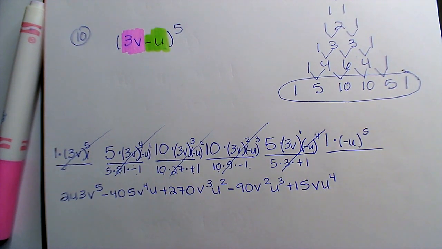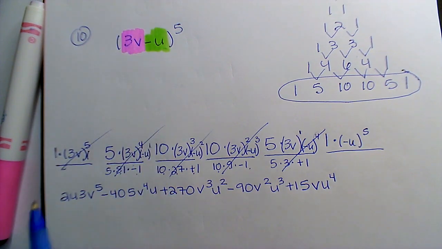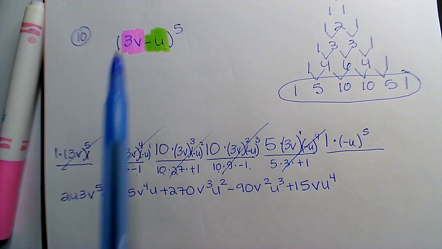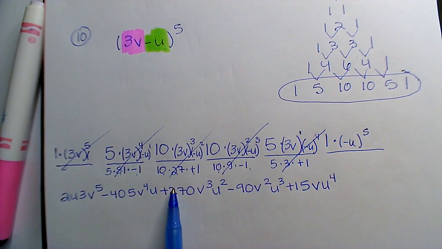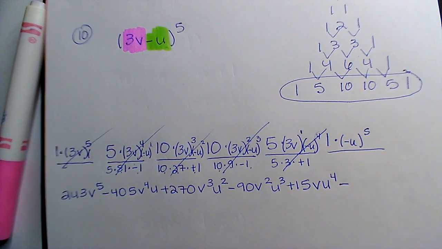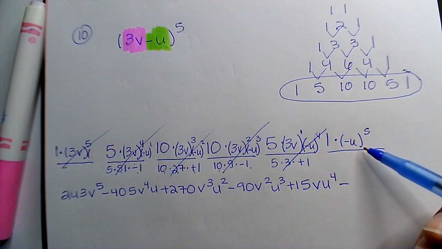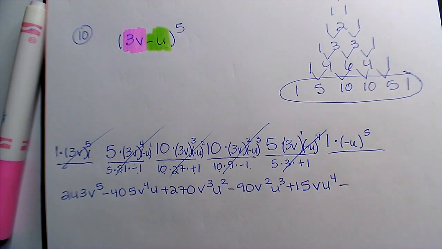And then lastly, if you notice, when one of these has a negative, the signs alternate. The first term was positive, then it's going to go plus, minus, plus, minus, plus. I don't even have to check; I already know the last one is going to be a negative value, because it alternates.